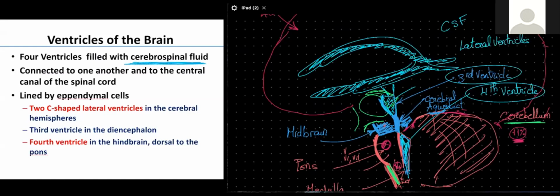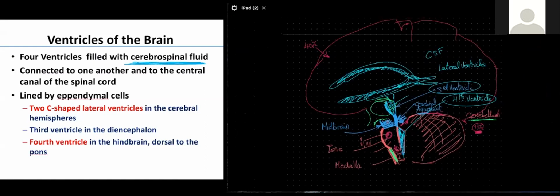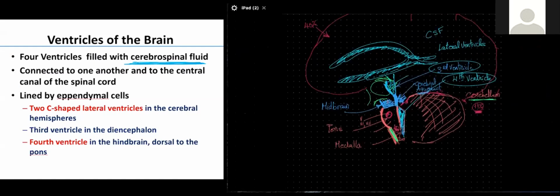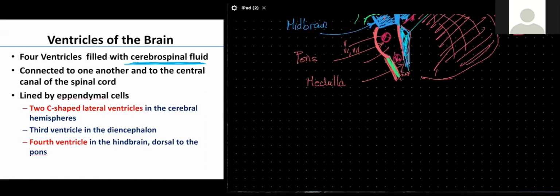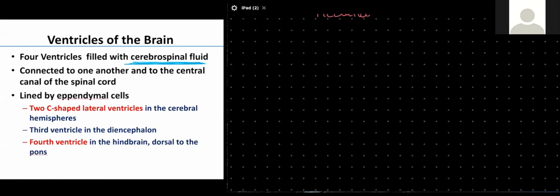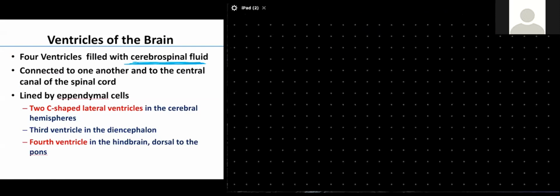Cerebrospinal fluid. If you remember, what type of neuroglial cells have we seen lining those spaces that are filled with cerebrospinal fluid? Do you remember the different neuroglial cells that we've seen? We've seen a cell that looks like a star.